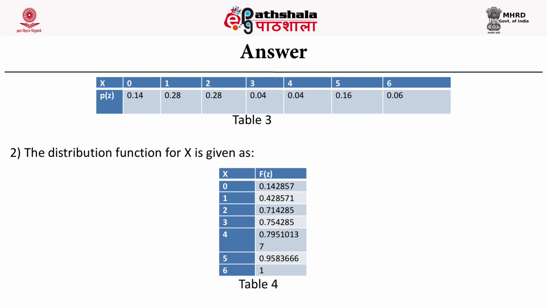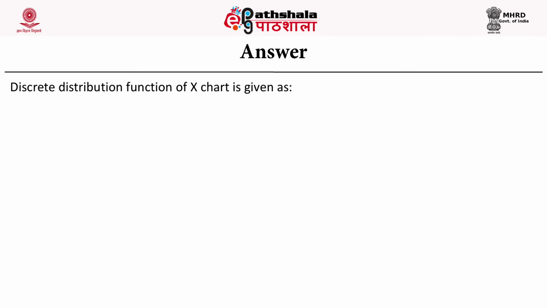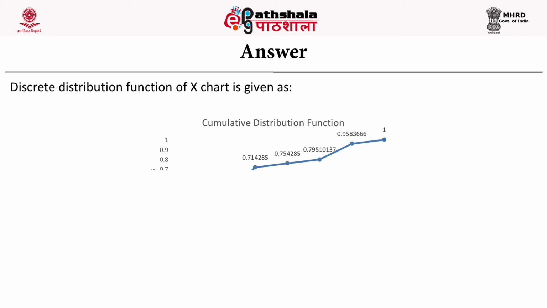After finding these probability values, we are interested in plotting them in a figure. Figure 3 represents these probability values, and from this figure you can see that the first value is shown as 0.14285 and so on.